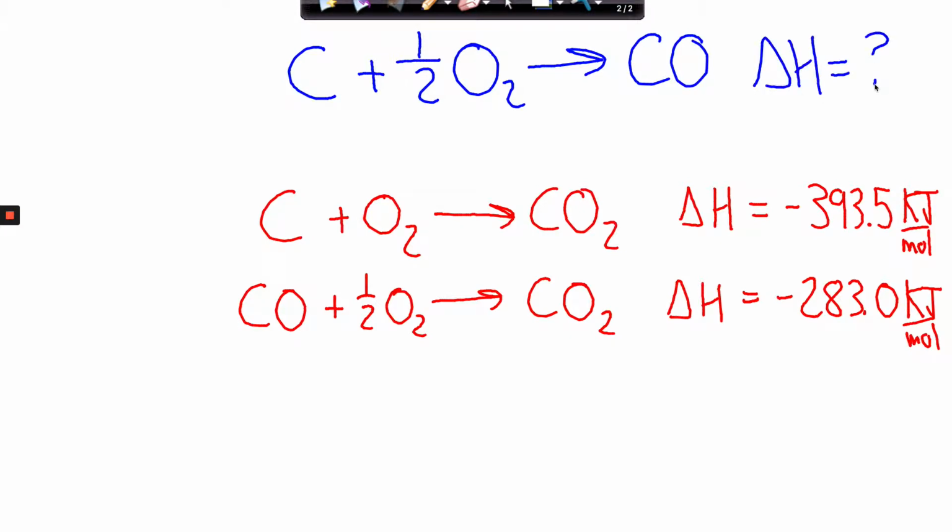So guys, this then is what we've got to do. Hess's law. We've got to figure out how to manipulate these equations so that it adds up to this equation. And guys, when we manipulate equations, there's 2 things that we can do. We can flip them and we can multiply them.